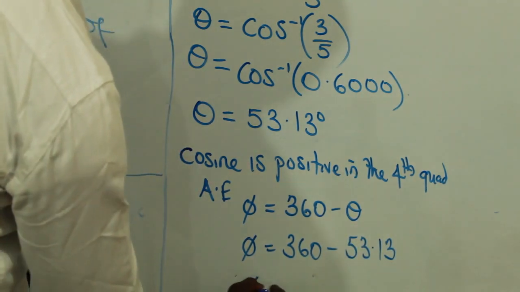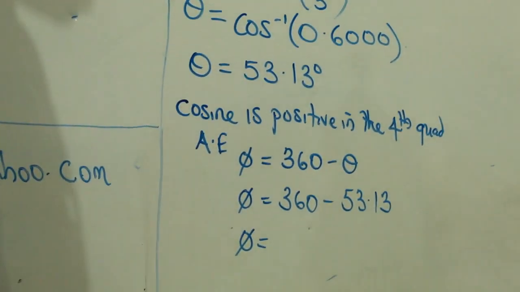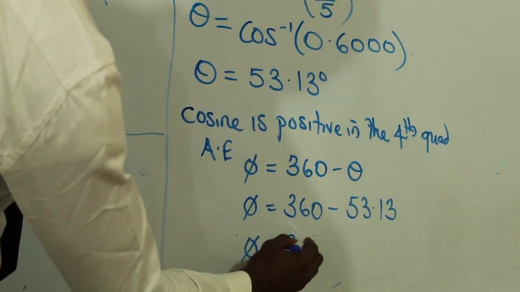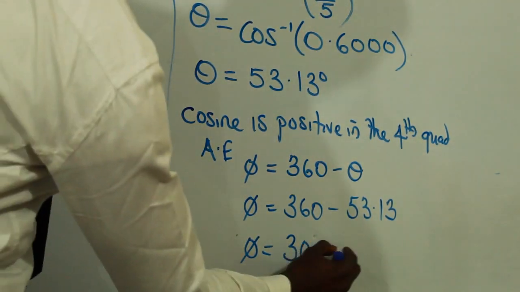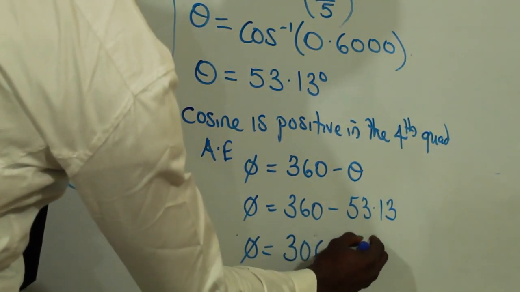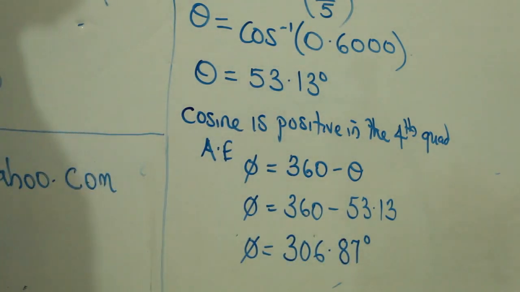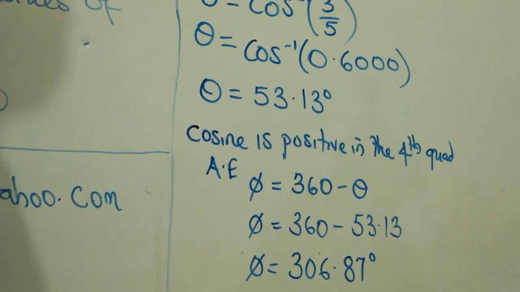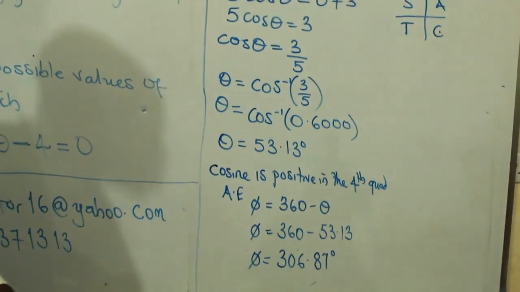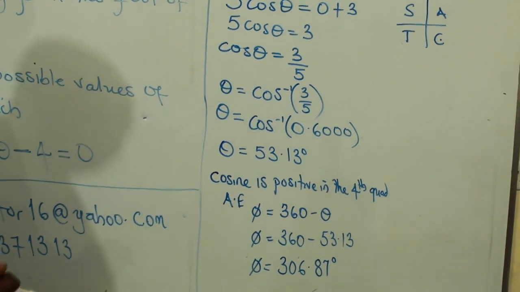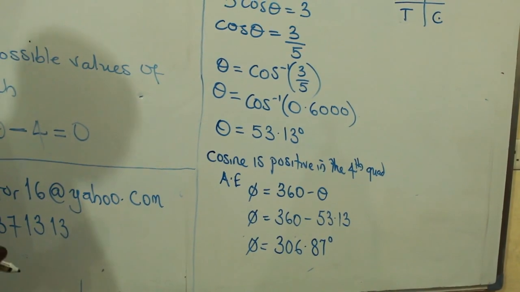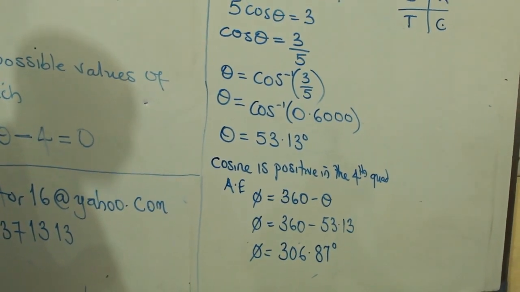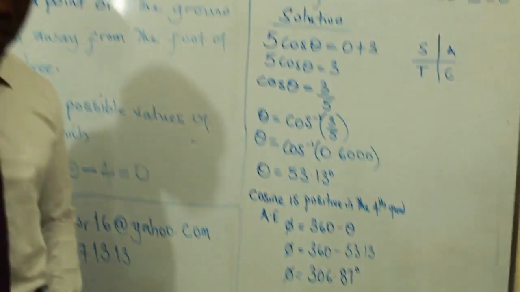And my final answer is 306.87 degrees. So the two possible values of theta for which 5 cos theta minus 3 is equal to 0 are 53.13 degrees and 306.87 degrees.